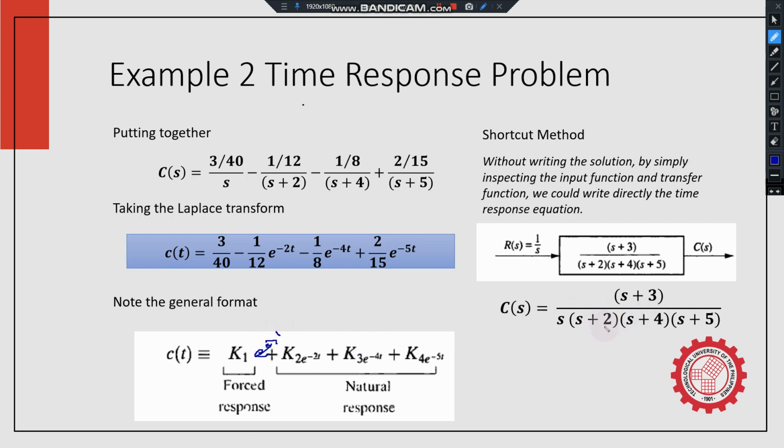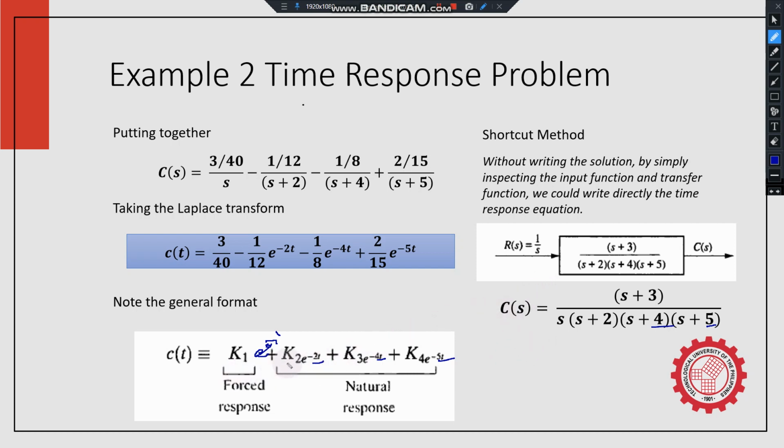Then for negative 2 here, we have e raised to negative 2t. Then we have 4 here, so we have e raised to negative 4t. Then we have 5 here, so we simply write e raised to negative 5t. And so on. If we have more terms, for example s plus 7, we will write e raised to negative 7t.